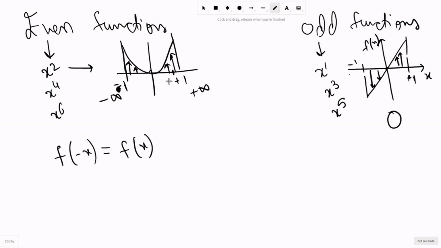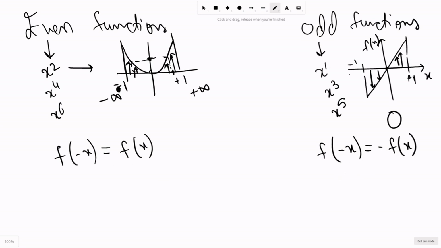So f of 0.5 is this point, and f of minus 0.5 is also the same point. Now that is an even function. Whereas in an odd function, what we have is f of minus x equals minus f of x.